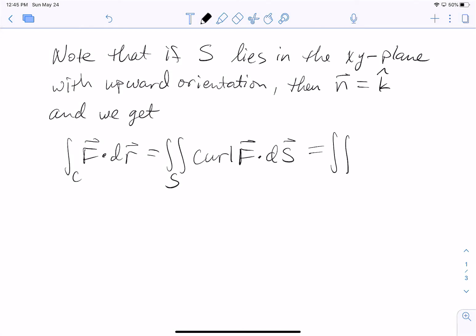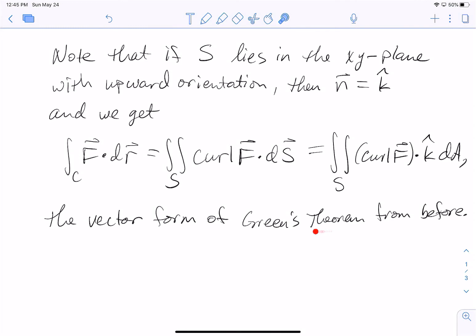And that becomes the surface integral over S. Folks, if the unit normal vector is k, then we end up with the curl of f dotted with k dA, which is the vector form of Green's theorem that we saw in a previous section.